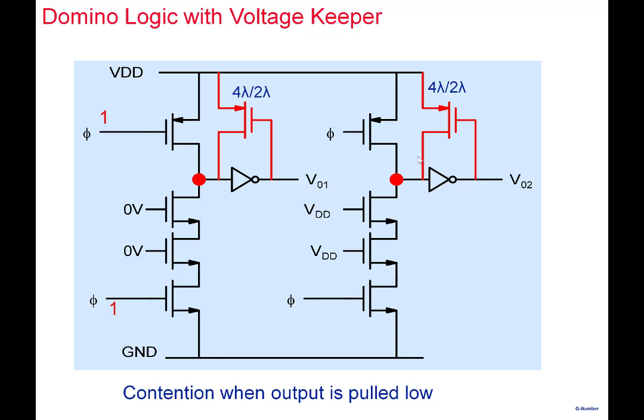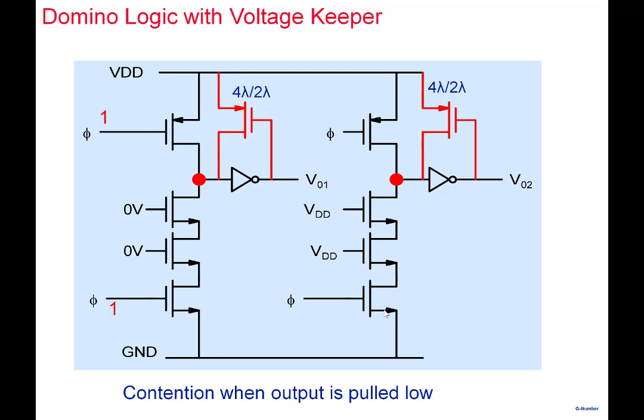Normally, when we turn a pull down or a pull up network on, if we turn a pull down network on, we want the pull up network to be off, because the currents are then all available for discharging that particular node. But here, note that for a while there is a contention, because this PMOS is also on, and these are also on.